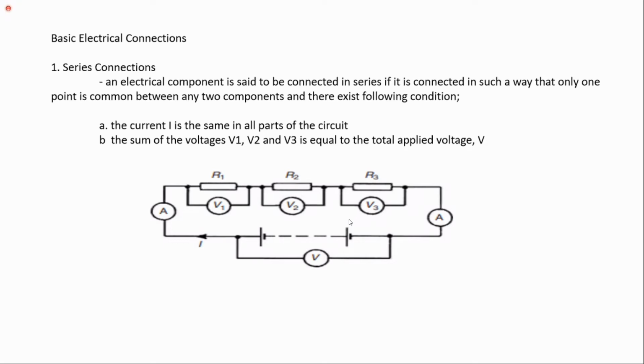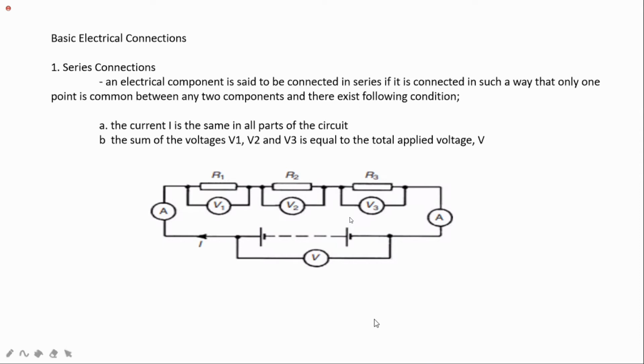So an electrical component, based on the definition here that I wrote, is connected in series if it is connected in such a way that only one point is common between any two components, and there exists the following condition. So for example, between resistors 1 and 2, they are connected in series because there is only one point common between resistor 1 and resistor 2.